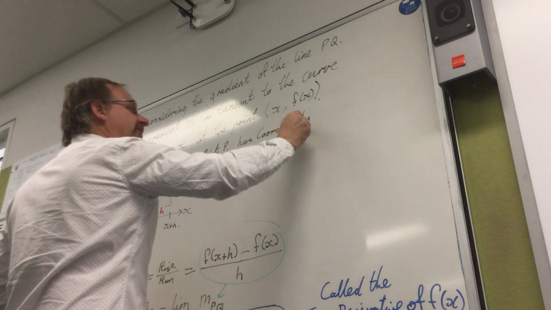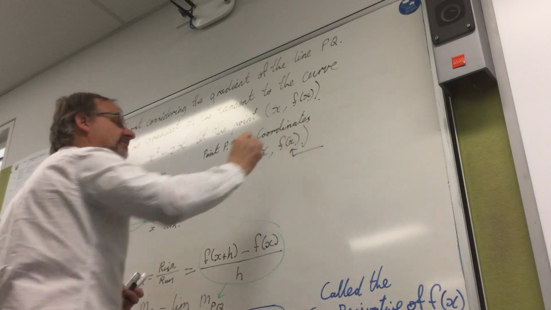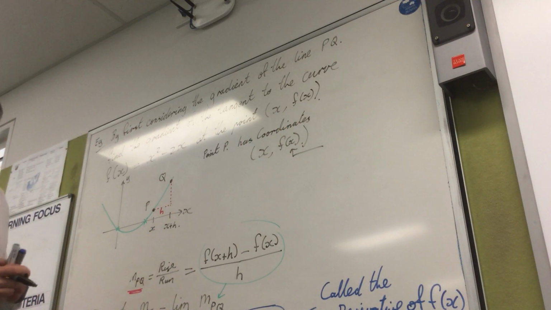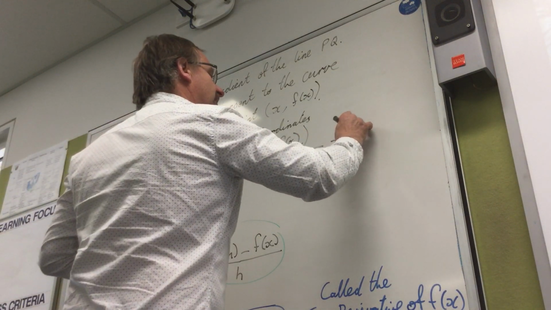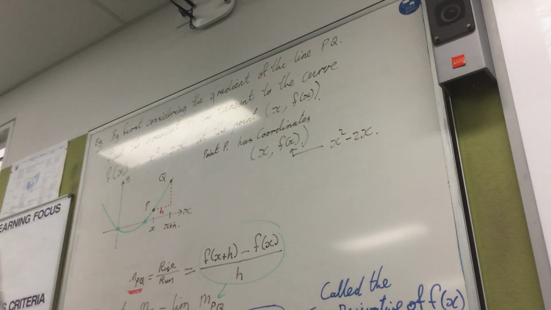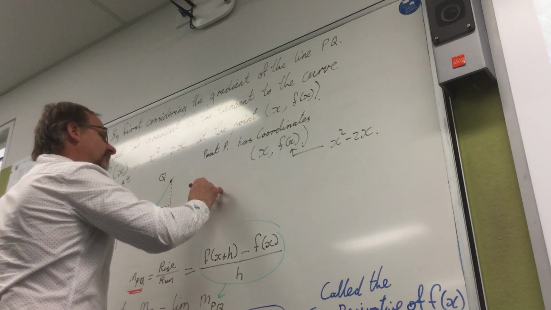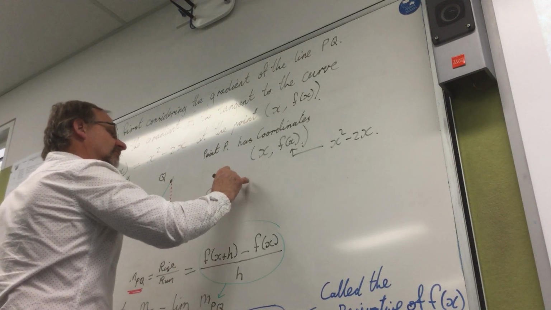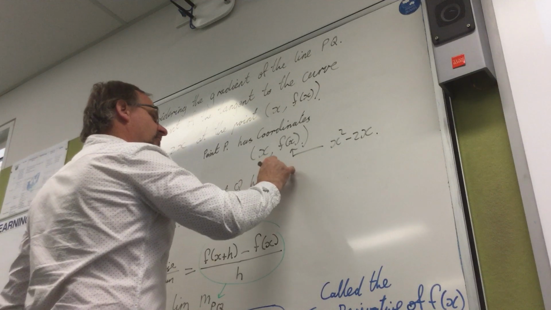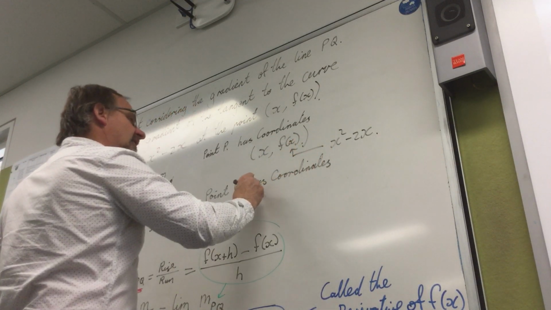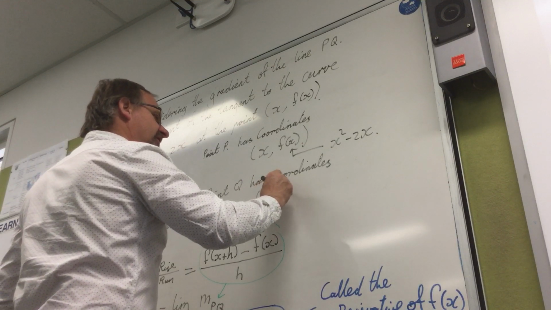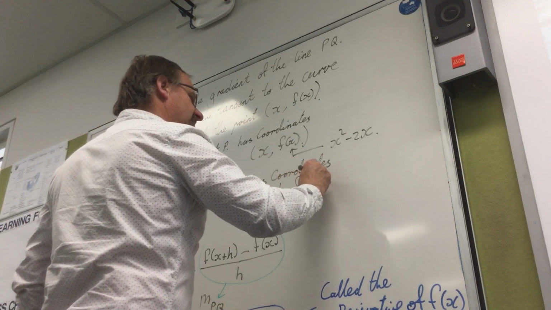Now, our function, of course, is x squared minus 2x. All right, so that's our point P. Our point Q has coordinates x plus h and f of x plus h.